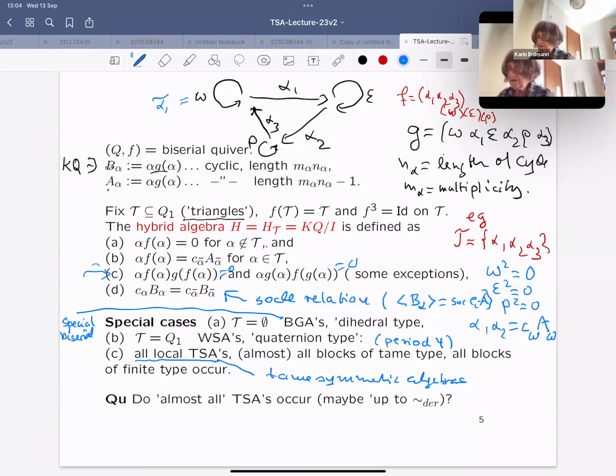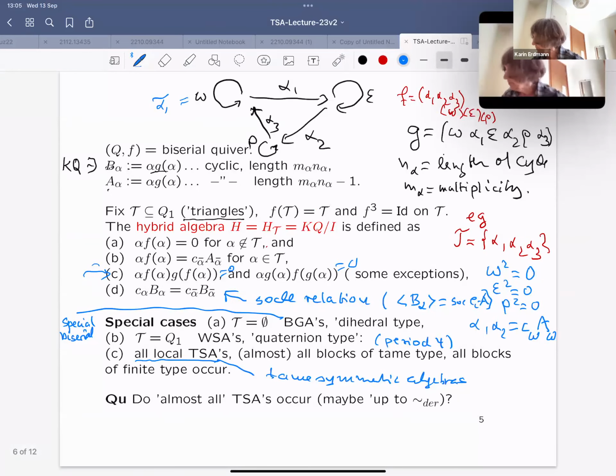Seeing that, of course, you might ask how many tame symmetric algebras occur in general. There are a few more, but all the examples we know would actually be derived equivalent to the ones here. So I think it's quite likely that this is a very large class, and quite possibly we are close to having a full list of tame symmetric algebras. Anyway, that's what I think is the case.